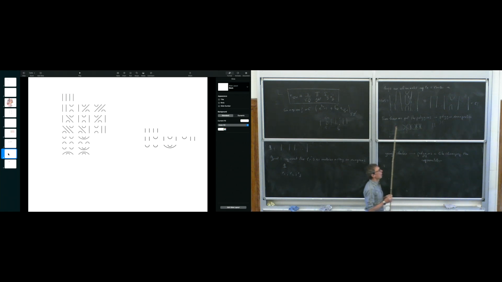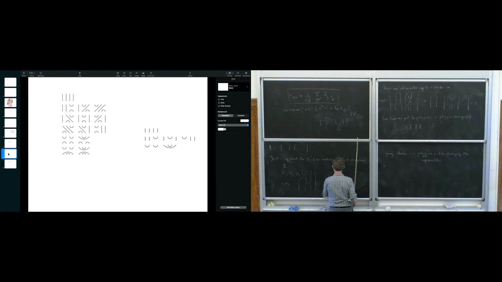How about this one? How can I get a diagram like this? Well, let's start playing. How about a product E1, E2? What do I get when I take the product E1, E2? So I'm acting on 4 strings. E2 is this. E1 is this.